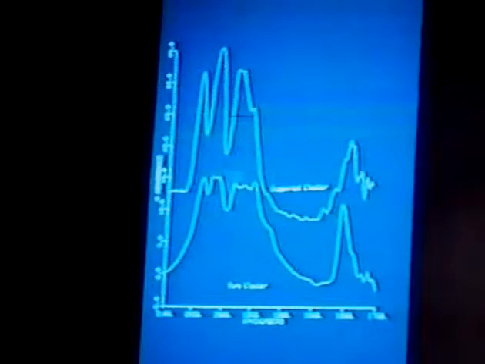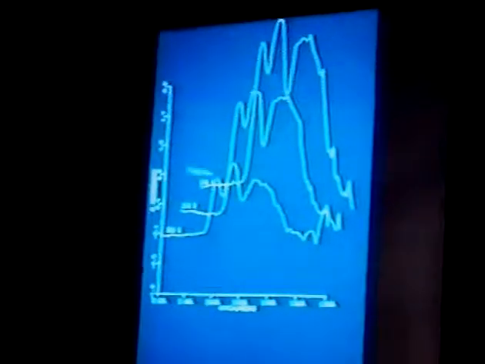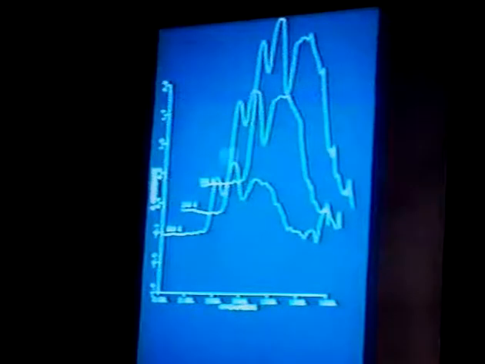And we see that there's very little difference between the two spectra. However, once we start heating the sample up, either in helium, hydrogen, or in vacuum, we notice that there's a very drastic decrease in the band intensities. There's not a shift, but the band intensities tend to decrease, indicating that these clusters are starting to decompose.